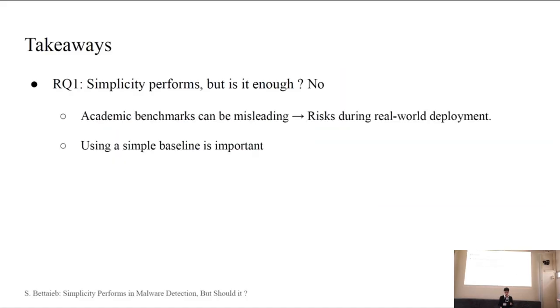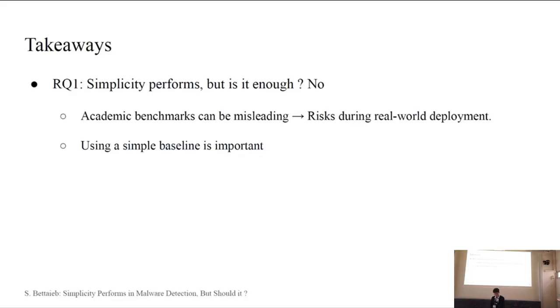So academic benchmarks can be misleading, and that's why we should always have a simple baseline. Because without them, we can't say for sure if the complex models are as good as we think they are.